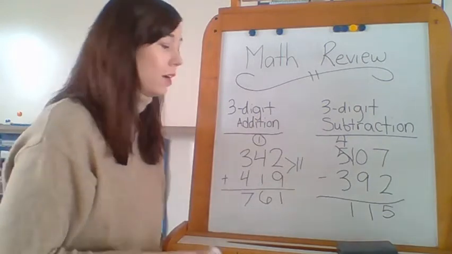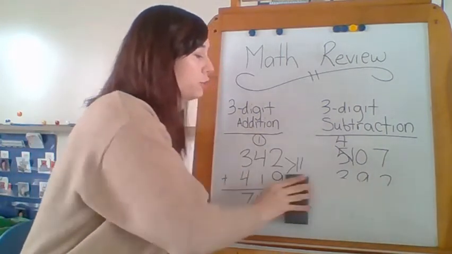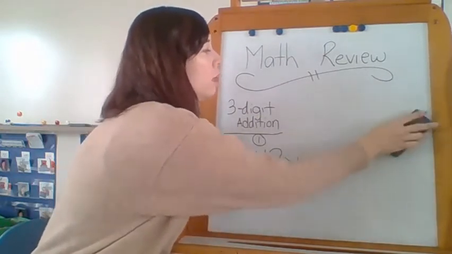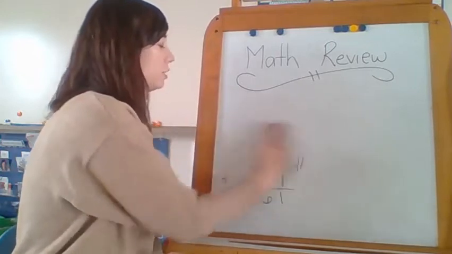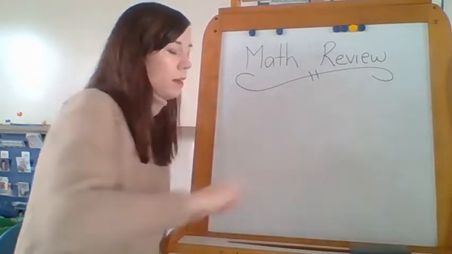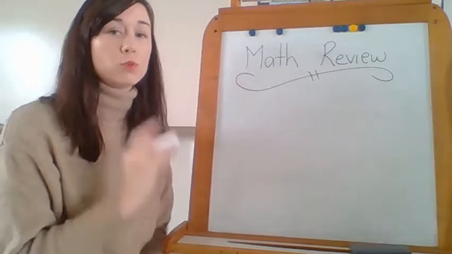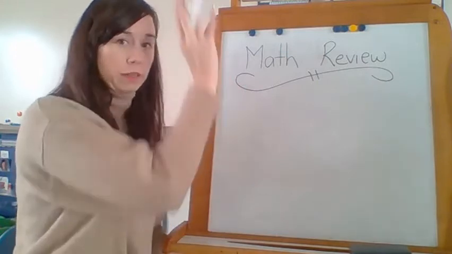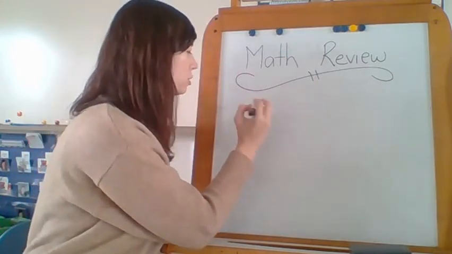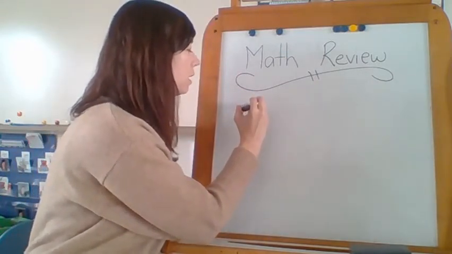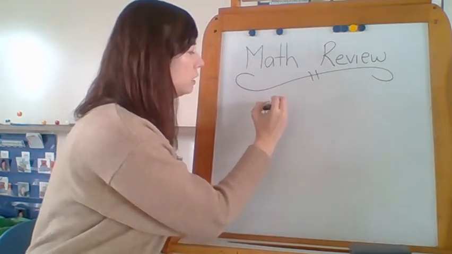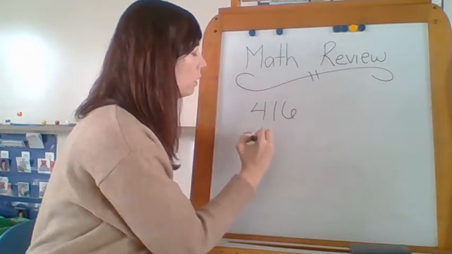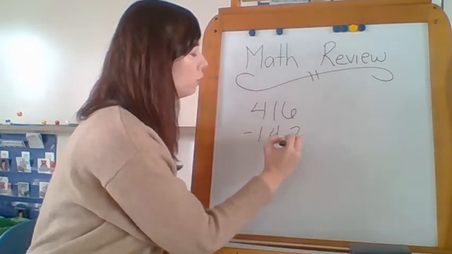All right. Also, I wanted to share with you a few ways you can solve your problems and then check your answers. Now, we've talked a lot about drawing your problems out as well as solving them vertically, or up and down. So let me just do an example here. I have 416 minus 142.